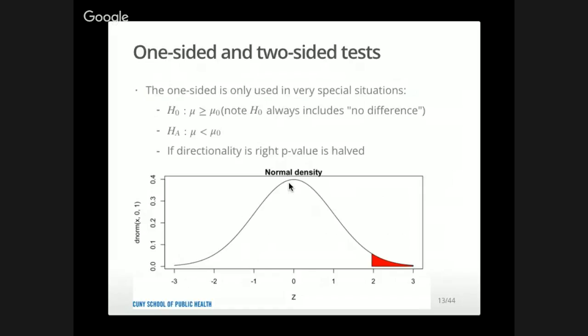So here's my question for you. Our hypothesis is that this drug is effective at reducing cholesterol in hypertensive smoking males. Would we set this up as a one-sided or a two-sided hypothesis test?